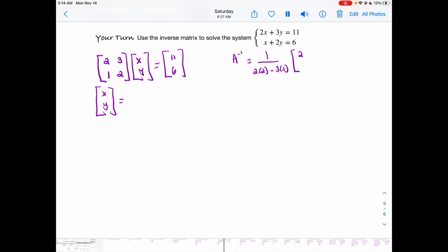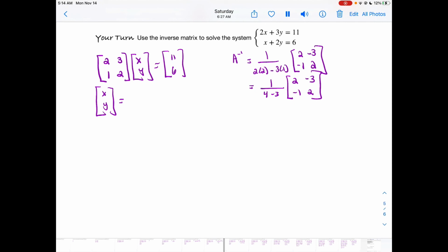To set that up, we're going to switch our diagonal down and negate our diagonal up. So 2 times 2 is 4, and 3 times 1 is 3. So I got 1 divided by 4 minus 3 times our matrix here. And 4 minus 3 is 1, so that's just 1. Distributing a 1 to this matrix just gives us the matrix 2, negative 3, negative 1, 2 as our inverse matrix.